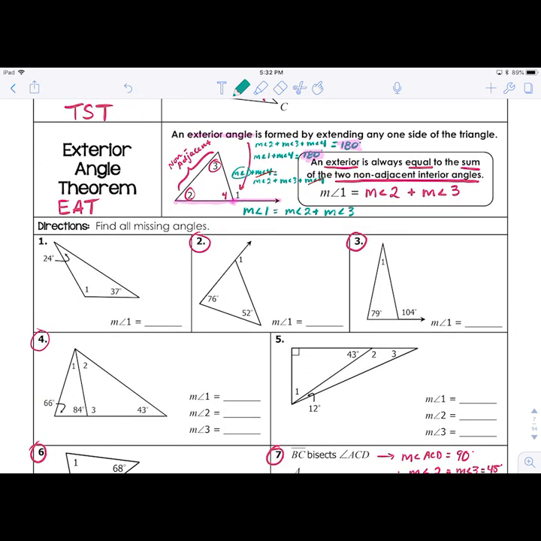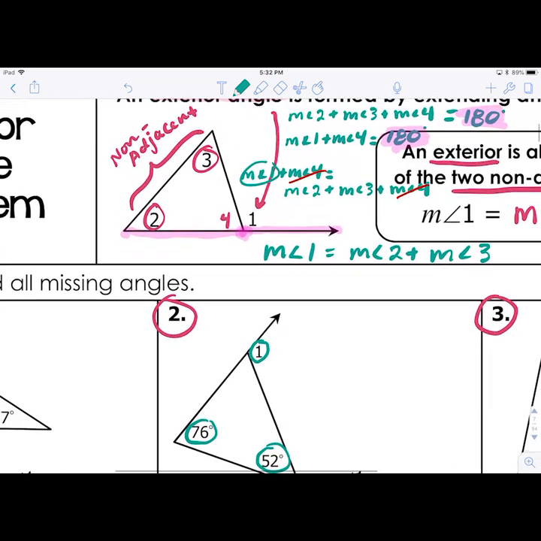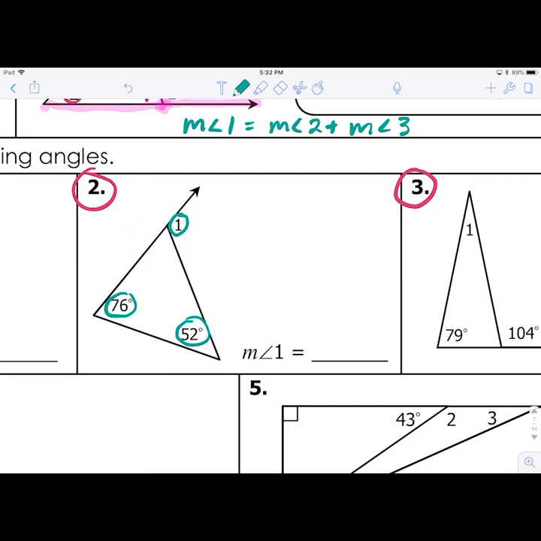Okay, number 2. What theorem is this? Triangle sum or exterior angle theorem? If I want the measure of angle 1, and I know the two non-adjacent angles, I know that the measure of angle 1 will equal the sum of those two angles.